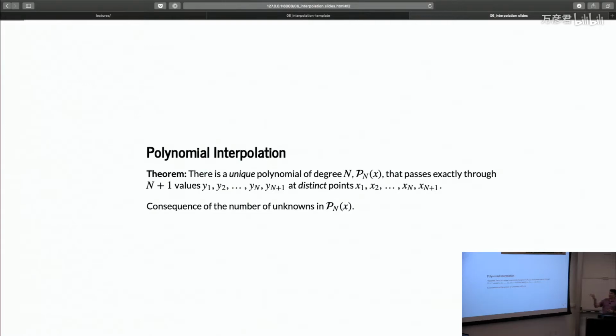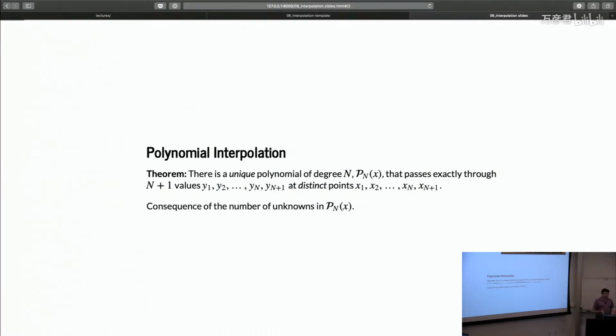I think I'm more consistent now. But basically, we're going to have n plus 1 values if it's a degree n polynomial. Think of it this way. If we have a linear polynomial, that's a degree 1 polynomial, which means I need 2 pieces of information to create that line. So it's always off by 1. But there's another piece to this that's very important, and that's that there's a unique polynomial. Now, why is it unique?